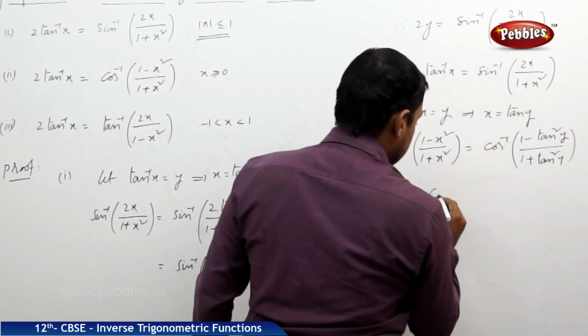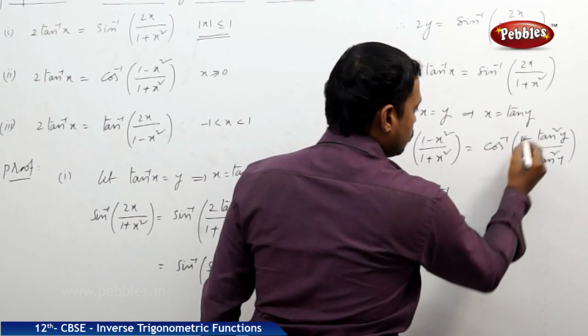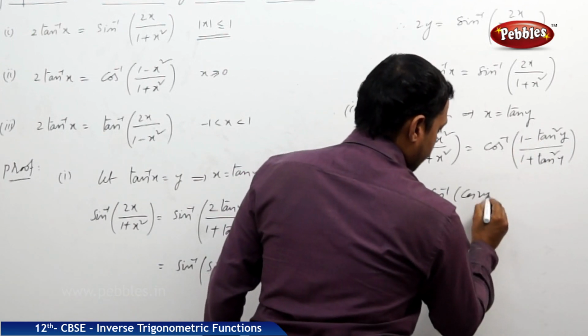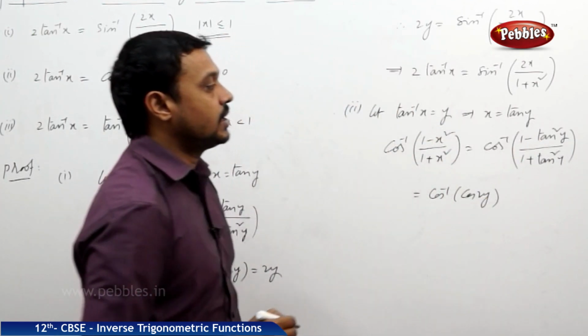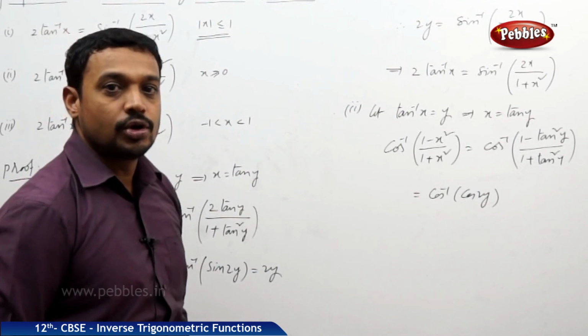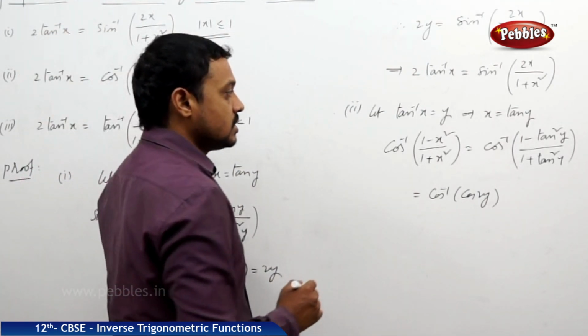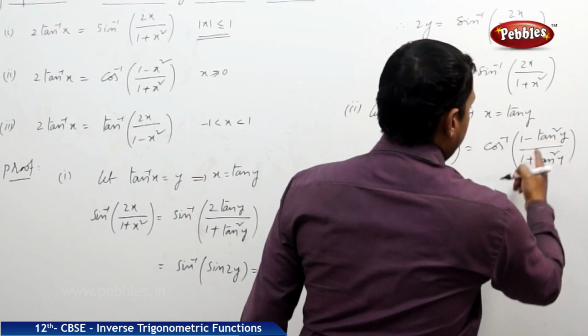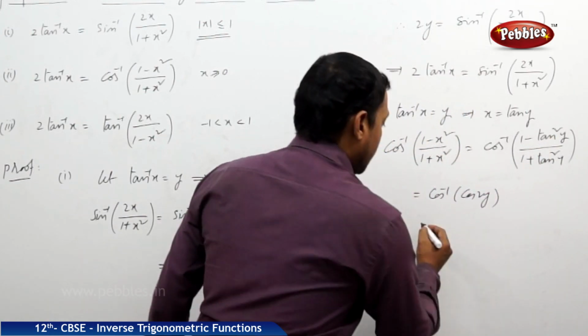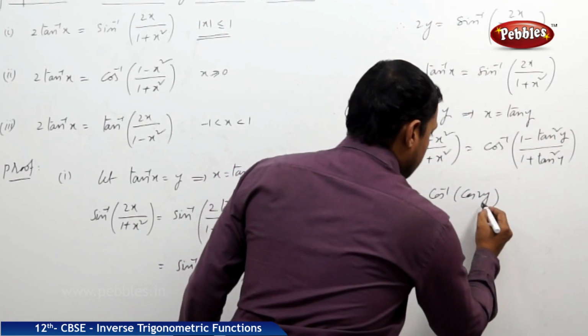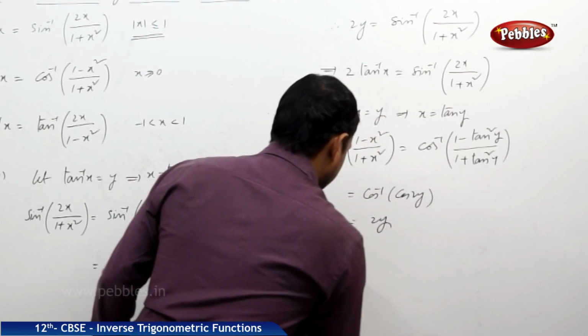You know this cos 2θ formula: (1 minus tan² θ) by (1 plus tan² θ) is equal to cos 2θ. Similarly, (1 minus tan² y) by (1 plus tan² y) is cos 2y. Now cos inverse of cos 2y is equal to 2y.